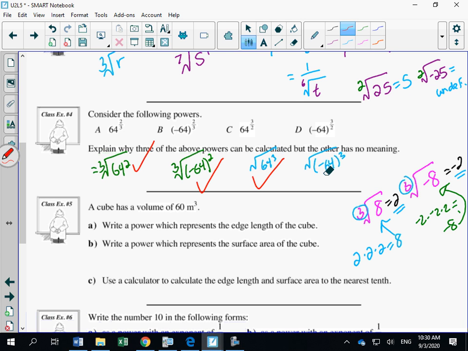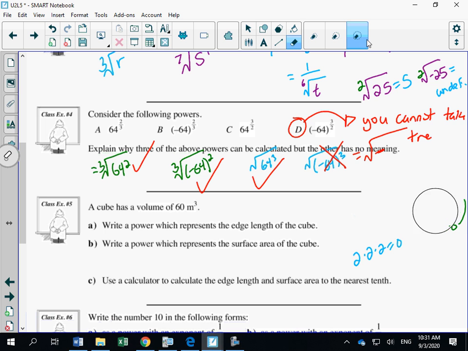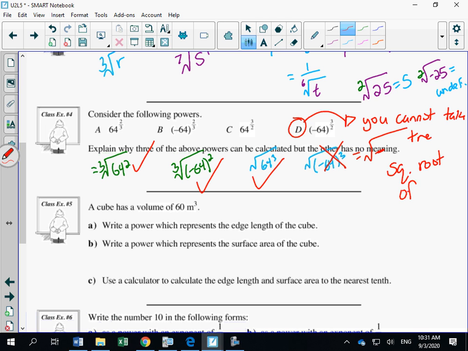This one, the square root of negative 64 to the power of 3. That's going to give you the square root of a negative number, and we cannot do that. So the answer would be D, and you would say you cannot take the square root of a negative number.